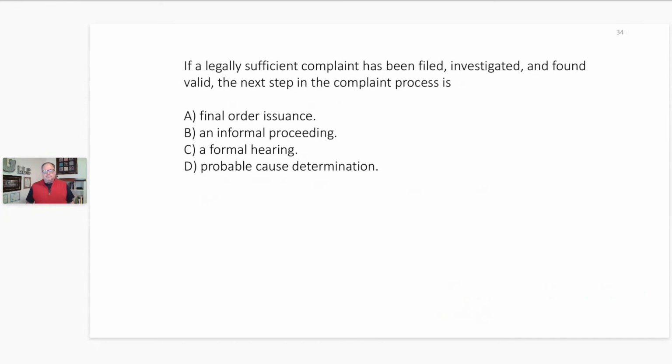All right. If a legally sufficient complaint has been filed, investigated, and found valid, the next step in the complaint process is what? Perfect. Don't forget the summary suspension.